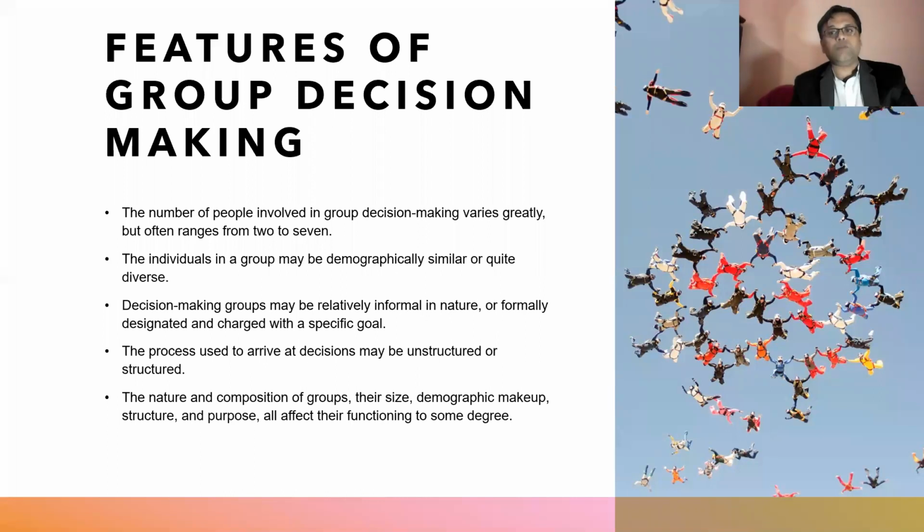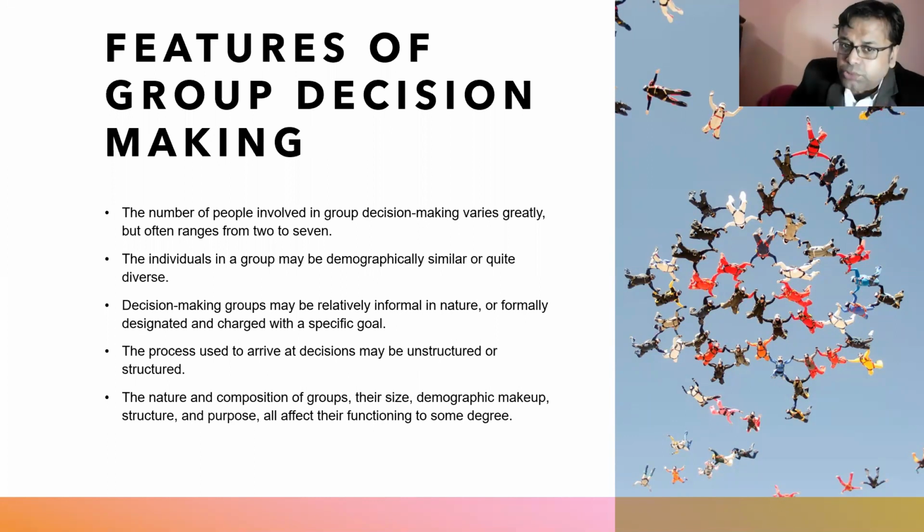Now what are the features of group decision making? The number of people involved varies, but often ranges from 2 to 7, as I have discussed. The individuals in a group may be demographically similar or quite diverse. Decision-making groups may be relatively informal in nature or can be formally designated and charged with specific goals.